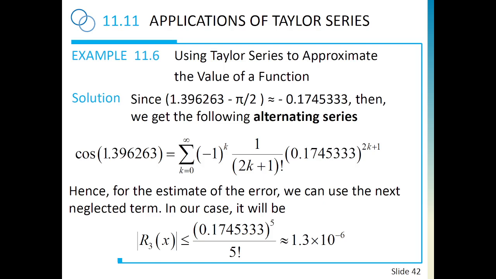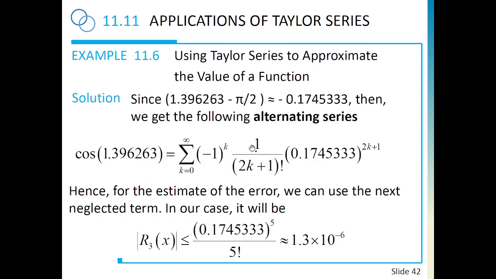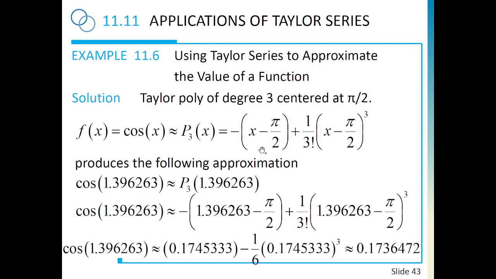This is just a verification to make sure that the polynomial degree 3 is actually going to give us the correct precision. So now the polynomial degree 3, we get it from this series here. Basically we have only 2 terms, which is nice, and the approximation for the cosine produced by this polynomial degree 3 is the same value.